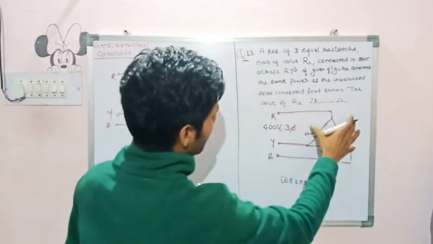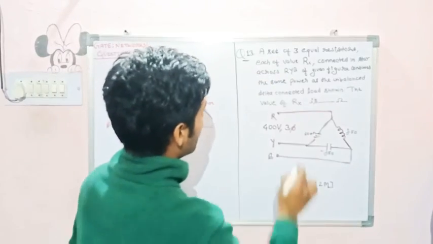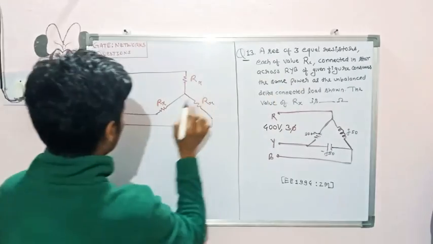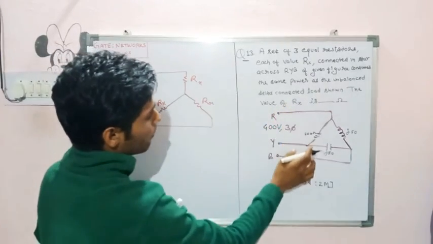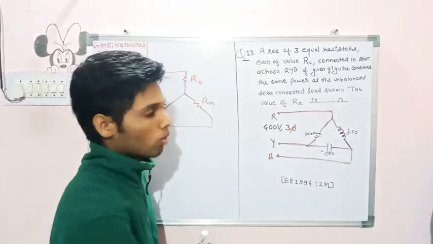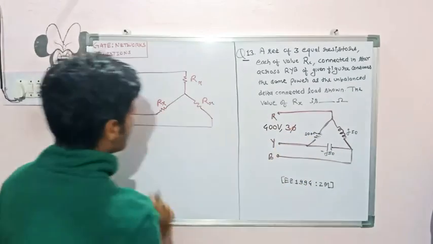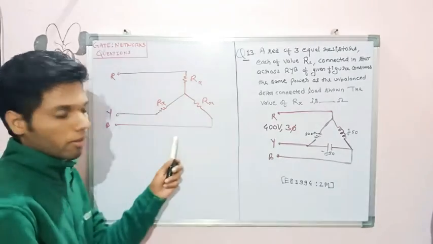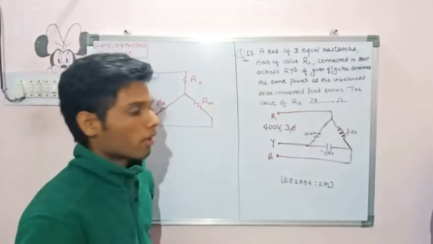So instead of delta we have connected star in the same figure according to the question. Now this particular circuit consumes the same power as this unbalanced delta connected load shown here. So the power consumed in this circuit is equal to the power consumed in this particular circuit. So what will be the value of Rx?